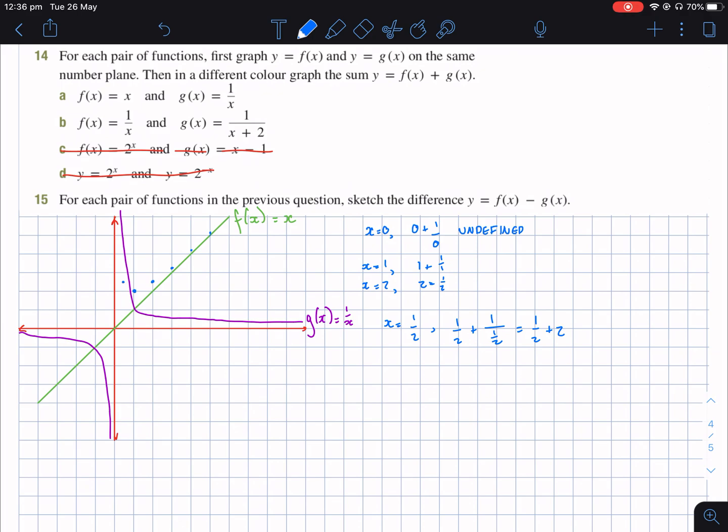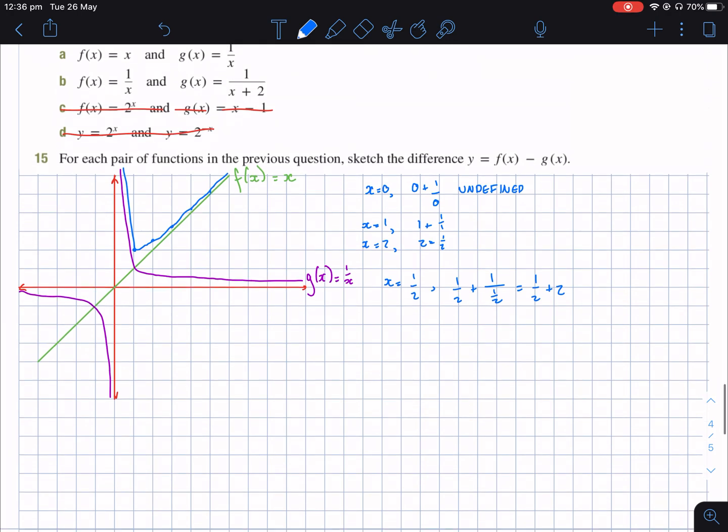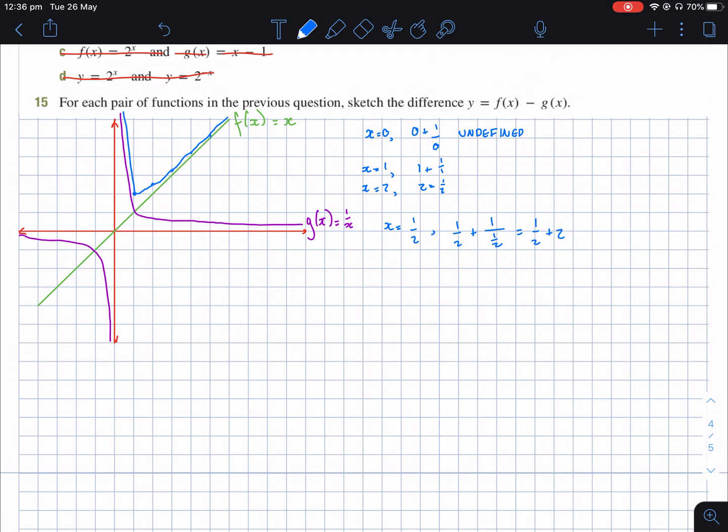Yeah, I think I didn't draw my purple one that great. So it's kind of going to go up and down and then start hugging this one a bit. And we're going to get the same down in the negatives. Hugging this one. 1 plus 1 is 2.